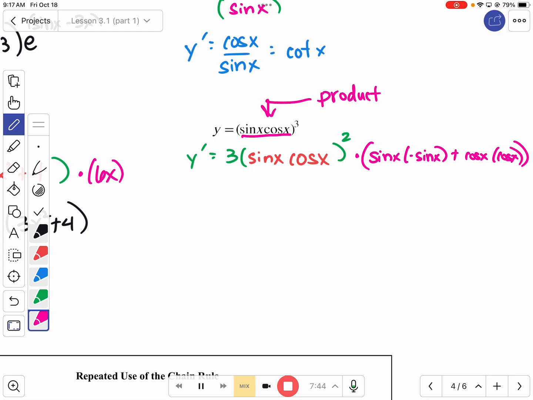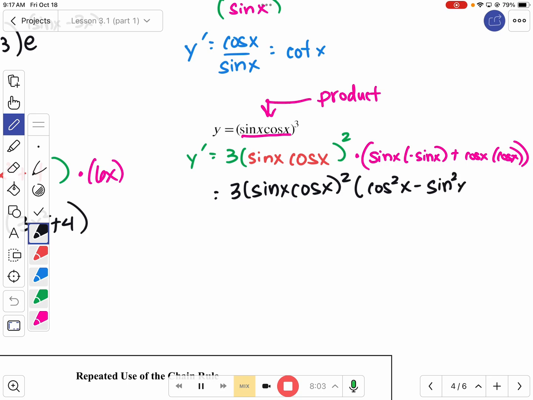Simplify a little. There's not a lot we can do there. 3 sine x cosine x, squared, times negative sine squared plus cosine squared. So I'll just write cosine squared minus sine squared. Do not multiply that out anymore. Leave it alone.